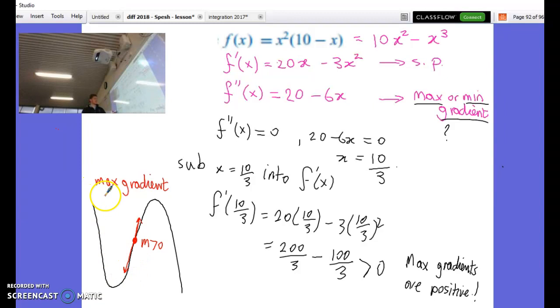That would be regarded as a maximum gradient or maximum rate of change. That will be the largest positive.